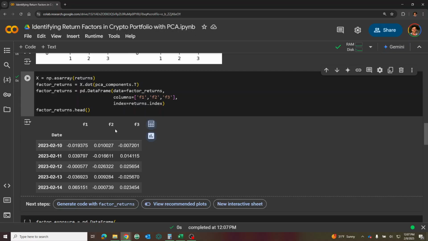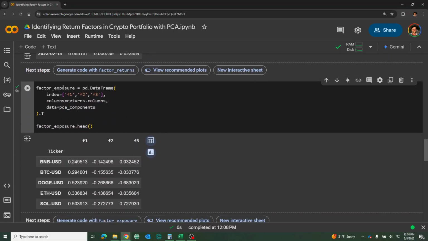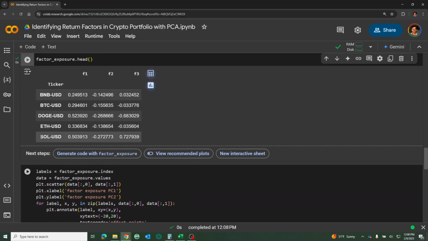When we're not looking at the stocks anymore, we're just looking at the date and the factor component and what the return variance is for that. And this is getting our exposure to those factors and the returns of the coin. So for factor one on Binance coin, we get this return here. For factor two, we get that, et cetera. So this is our exposure to this factor for this coin, exposure to that factor, exposure to this factor. These aren't returns, but our exposure to the factors for each coin.